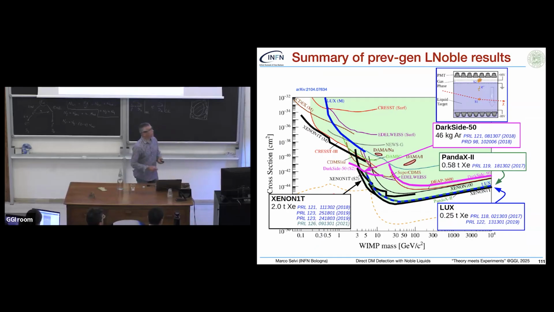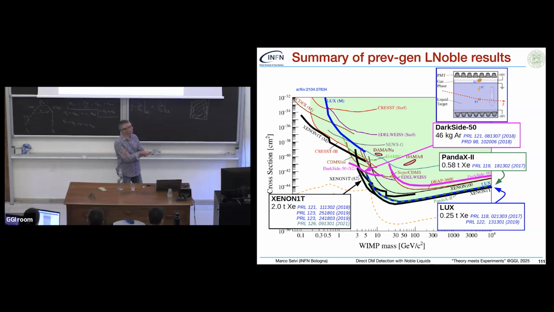The summary of the previous generation of detectors is here. Basically, you see that in most of the parameter space, we have a liquid noble result. In particular, with xenon, LUX and PandaX, they dominated this region here. There was this result by DarkSide-50 with the S2-only result, which was also mentioned with the Migdal effect.